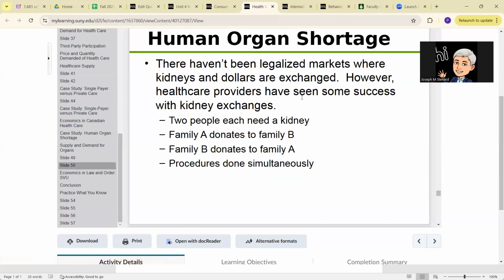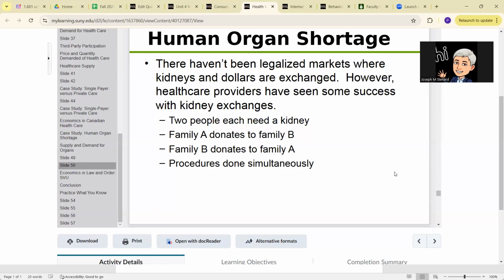So there haven't been legalized markets where kidneys and dollars are exchanged in the United States. However, healthcare providers have seen some success with kidney exchanges where there's two people that need a kidney. Family A can't give to patient A because there isn't a match, but someone in family A has a match for patient B, and someone in patient B's family has a match for patient A's family, and they do an exchange like that.